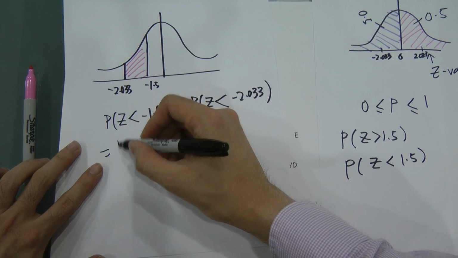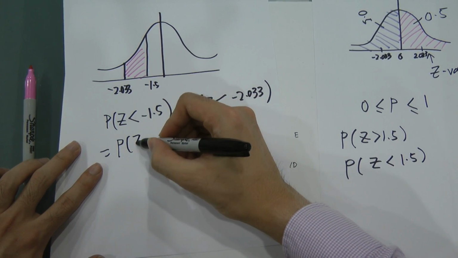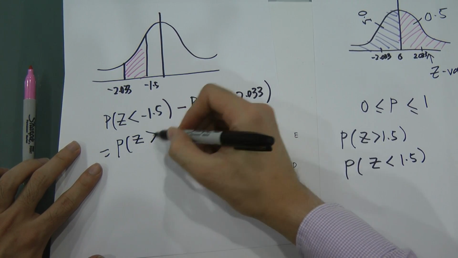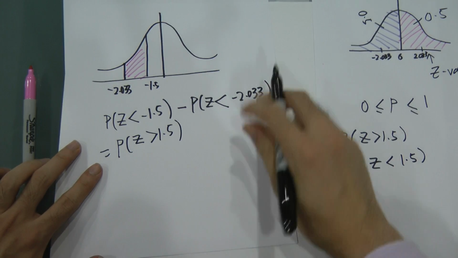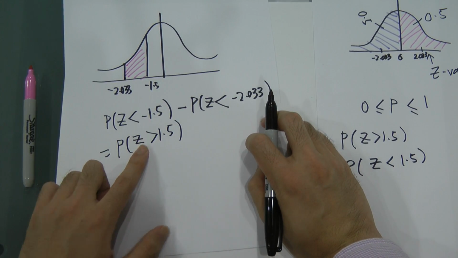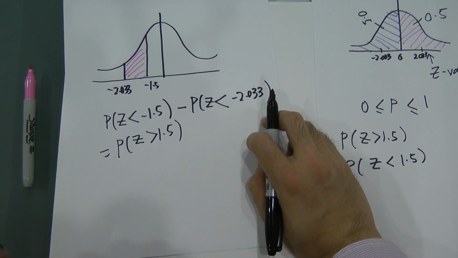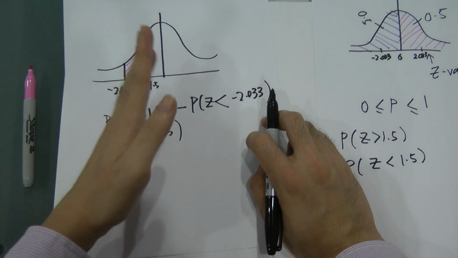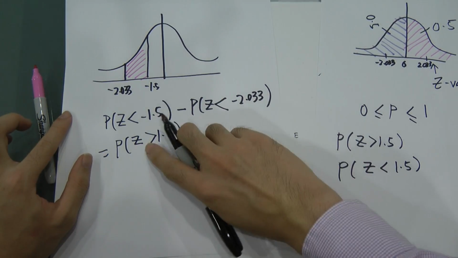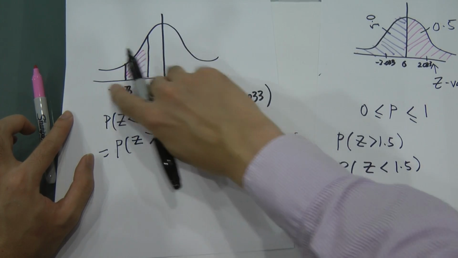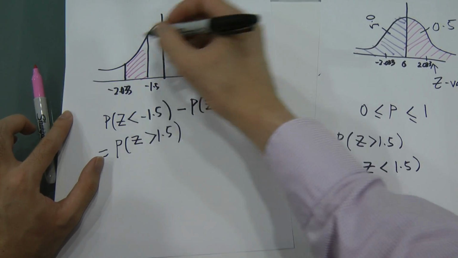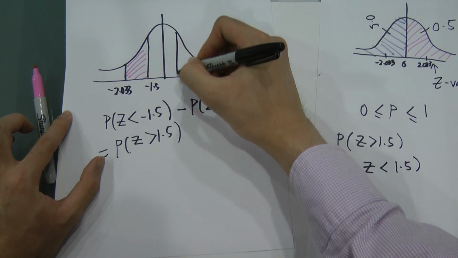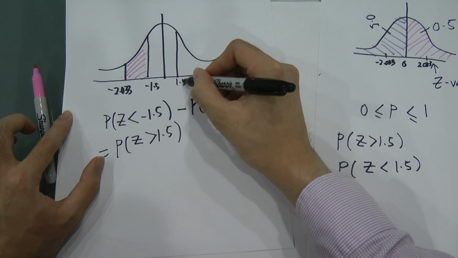So this one we call what? Probability for z will be bigger than 1.5. See, when I change the sign, the negative is gone. Because in this diagram, the area smaller than negative 1.5 is the same area as the positive 1.5 here.